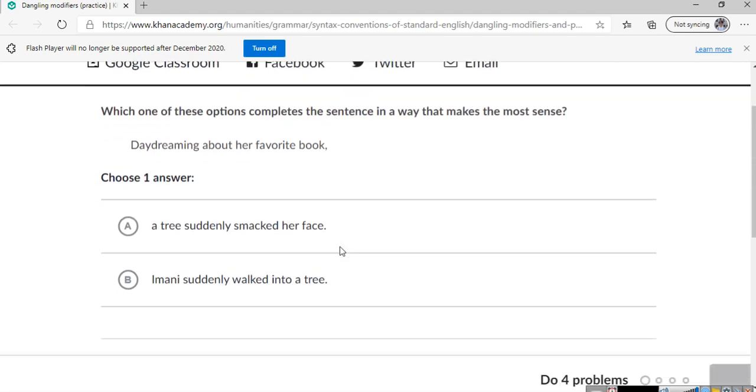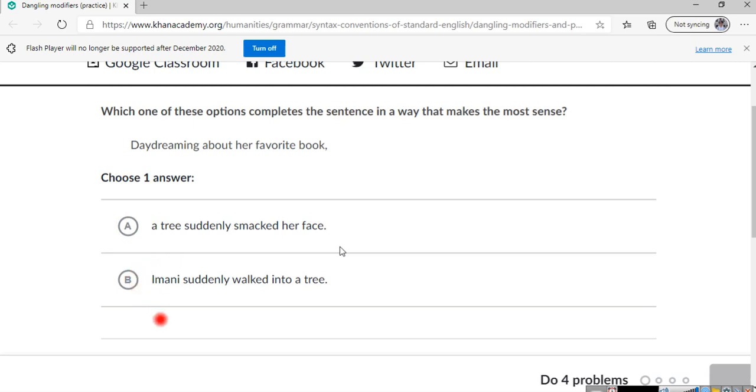How about now? Do you see it now? Yes. Great. So this is a test from Khan Academy. It already tells us if we mark a solution, it's gonna tell that's right, that's wrong. That's good about it. So it says, which of these options completes the sentence in a way that makes more sense? Daydreaming about her favorite book, a tree suddenly smacked her face.